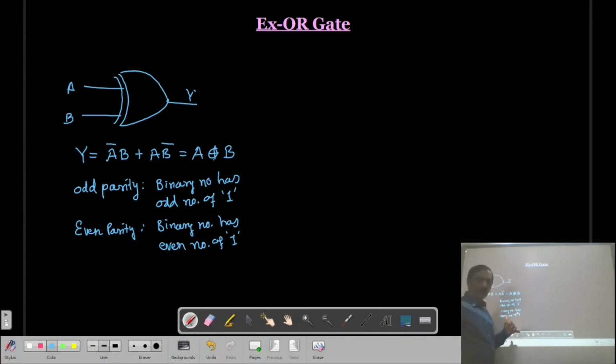And if it is an odd number, then Y will always be high. But if the input has an even number of high levels, then the output is always 0.